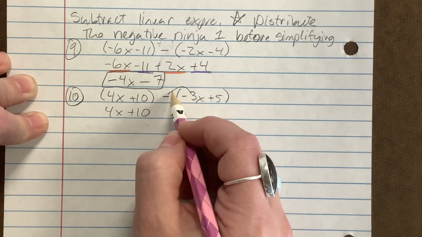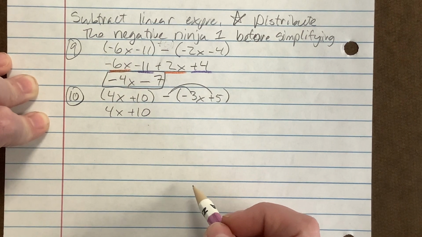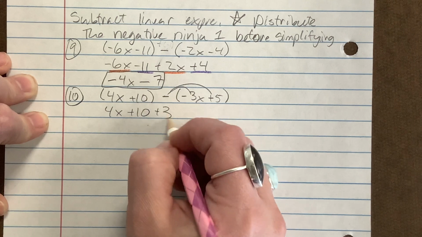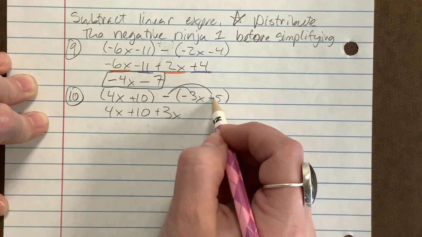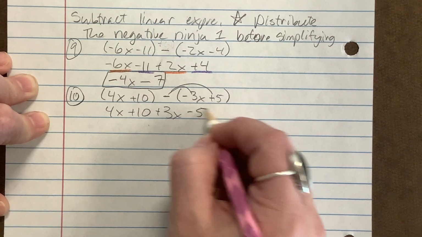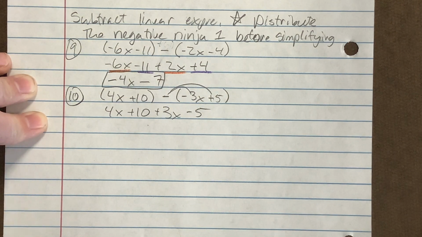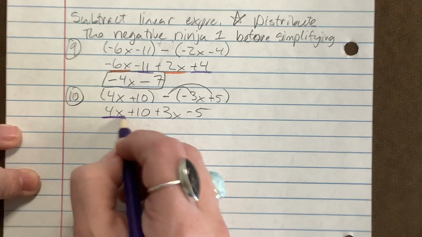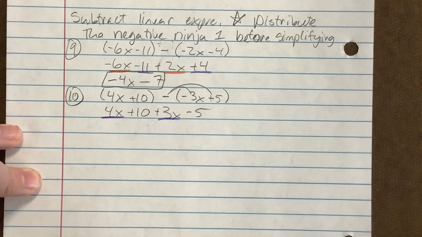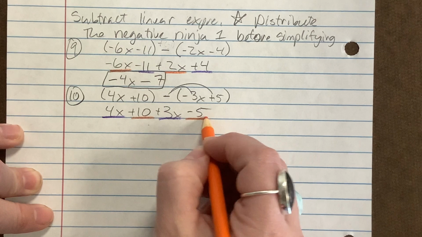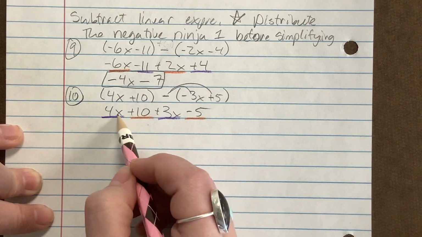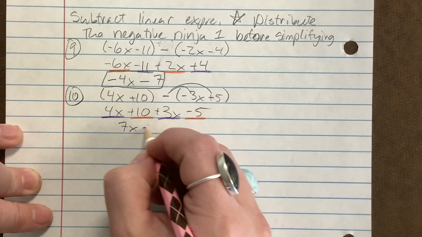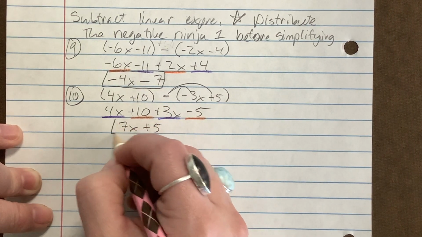Now we need to distribute this negative through, which means it's going to change the signs, because a negative times a negative is positive, and a negative times a positive is negative. Okay, and then we combine like terms. So 4x plus 3x is 7x. And 10 minus 5 is 5.